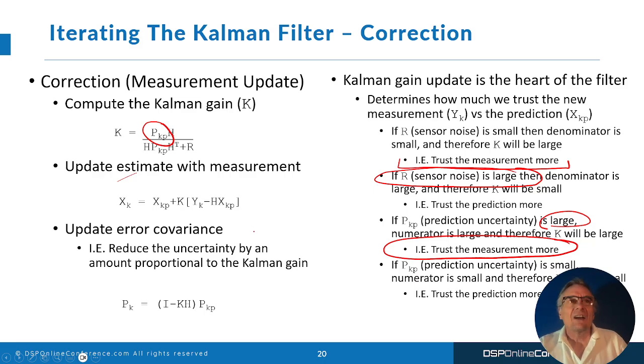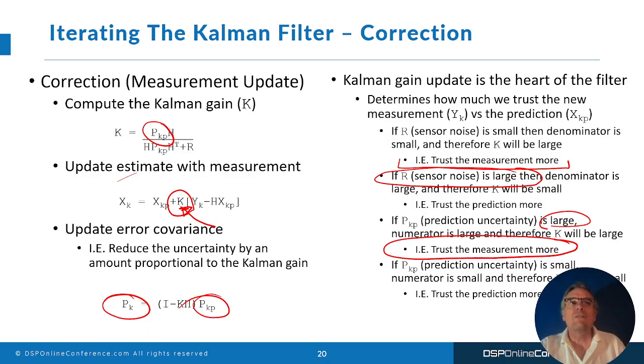We then take our Kalman gain, put it into this equation here, and this is where we update the estimate with the weighted measurement. And then finally, we update the error covariance matrix to say how accurate is the signal. What is the error?